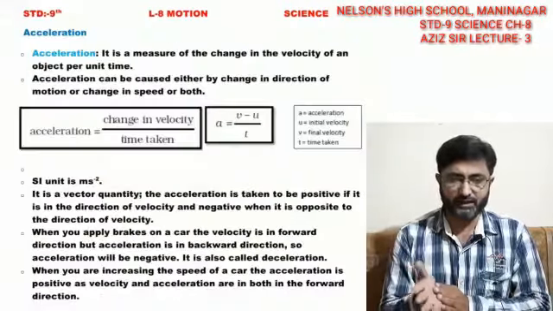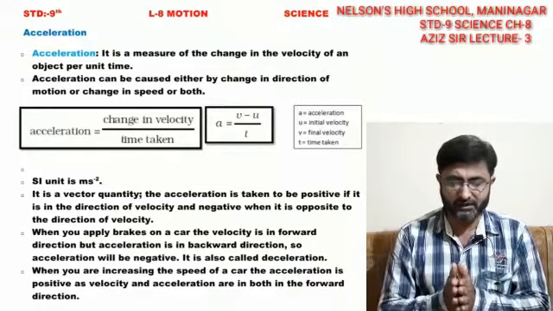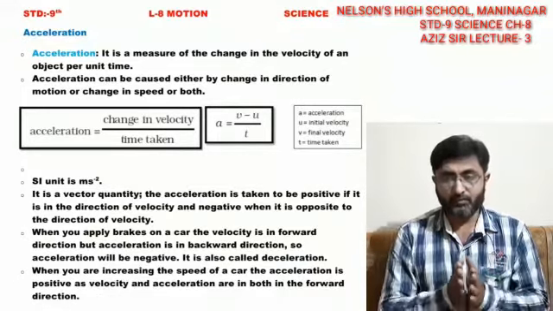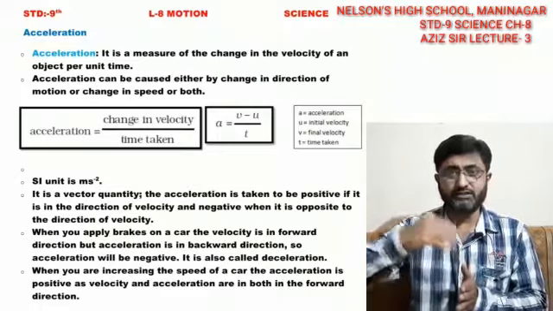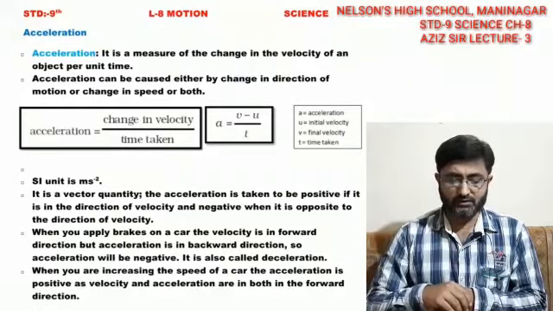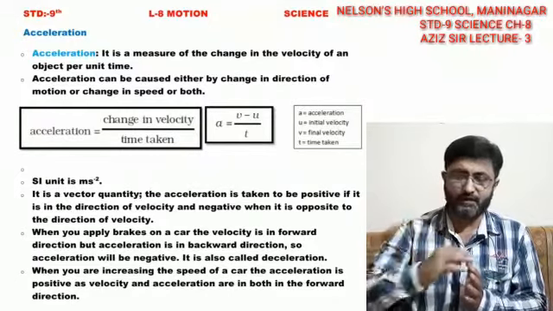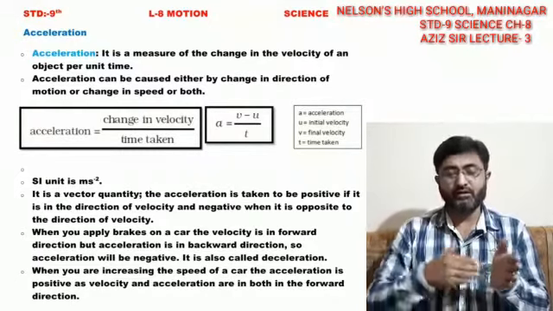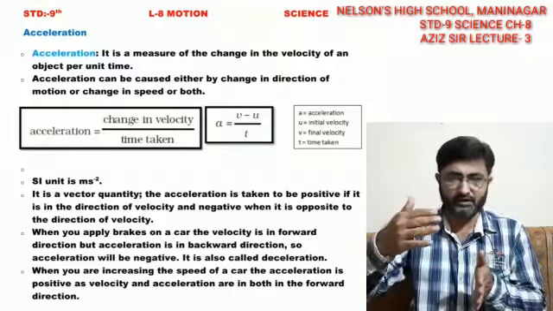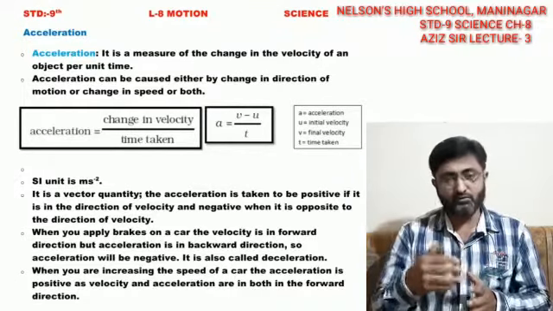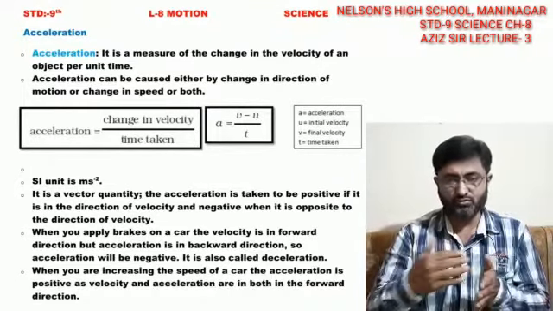The second topic that we are taking is acceleration. Acceleration is basically a measure of change in velocity. For the change in velocity, we have to take the initial and final velocities per unit time, that is between these two velocities, and the time it took to change.